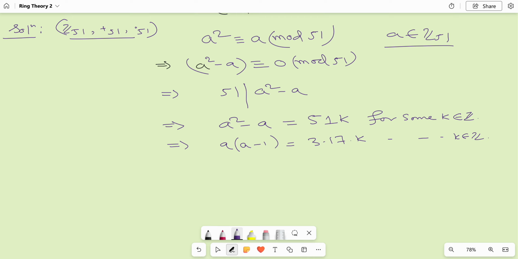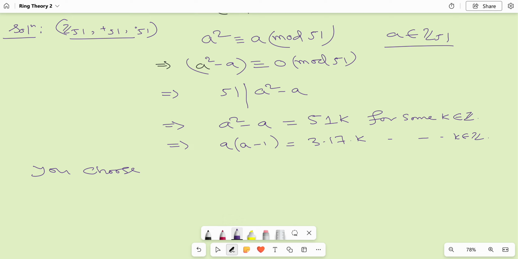So from this equation, you choose all those a which contain a factor of 3 as well as 17. This will definitely satisfy this equation, right? So you choose all those a for which a and a minus 1 together contain a factor of 3 and 17.